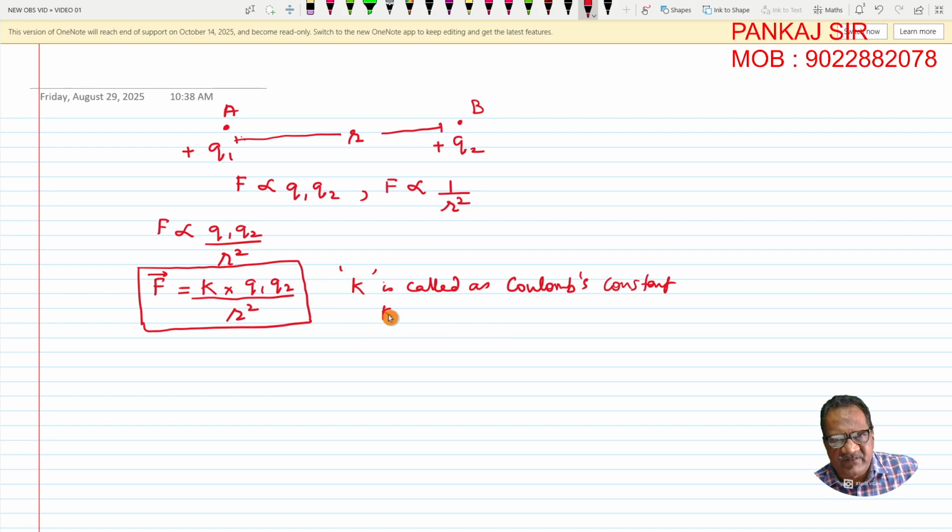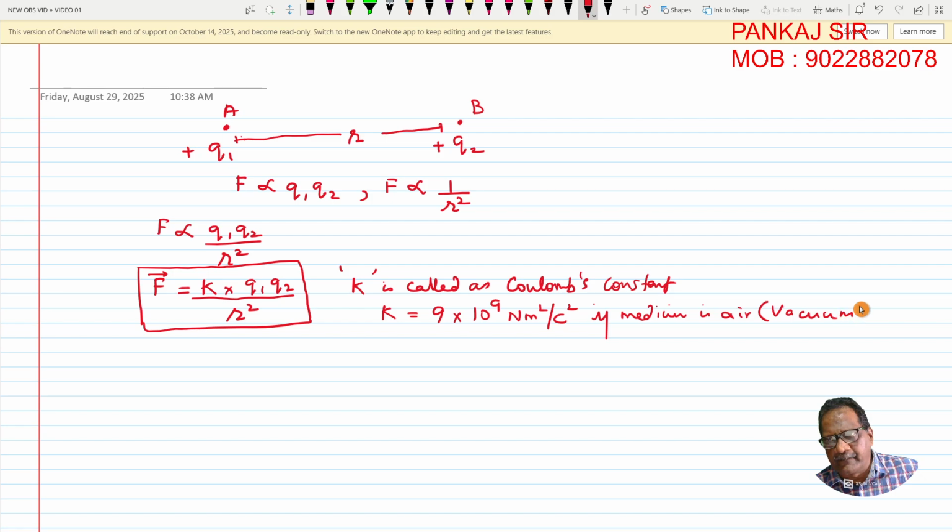So K will be equal to 9 times 10 raised to 9 Newton meter square per Coulomb square if the medium is air. If the medium is something else, then the K value will also be something else.